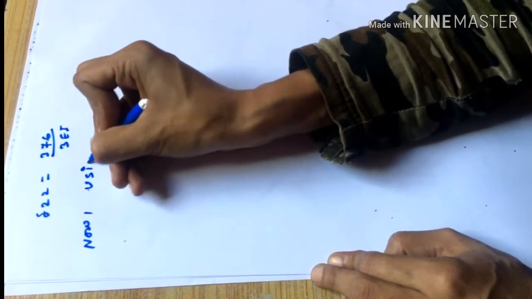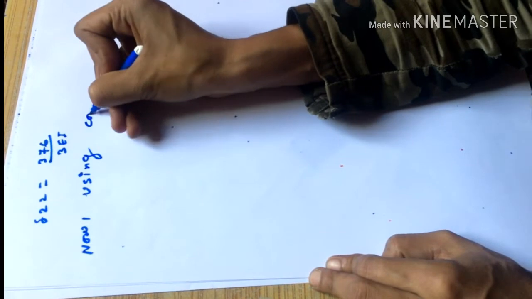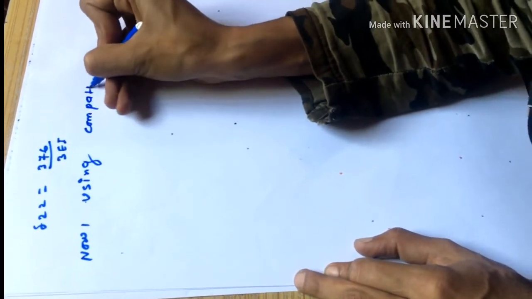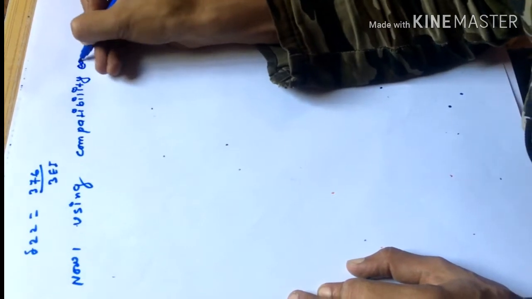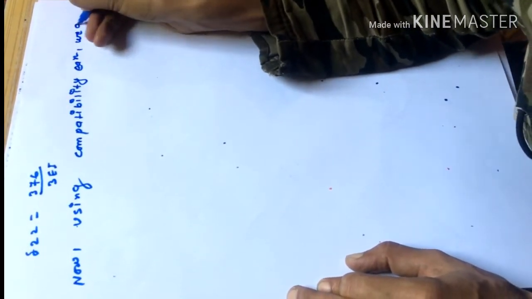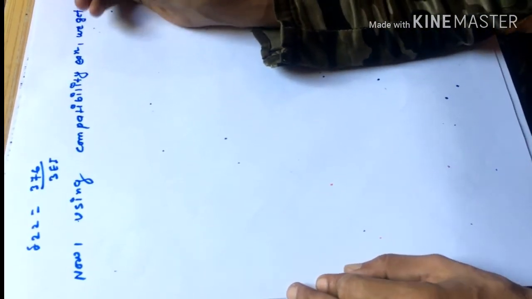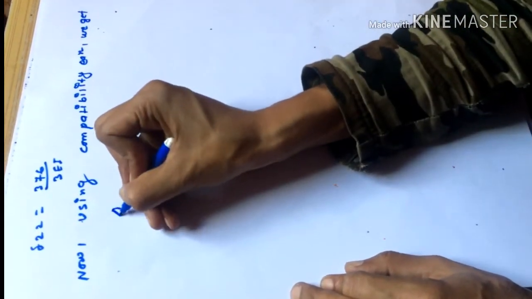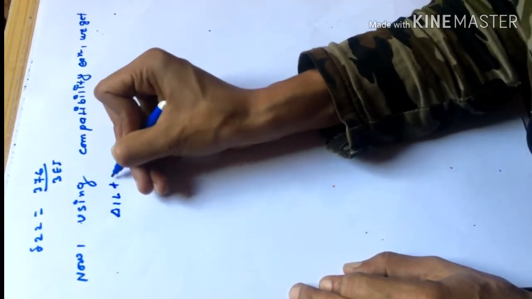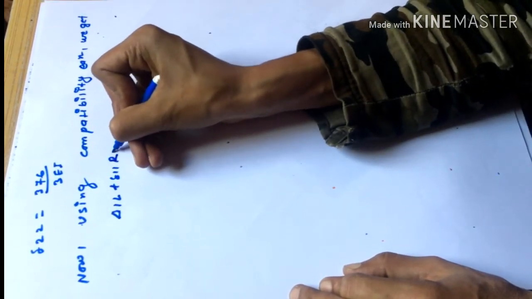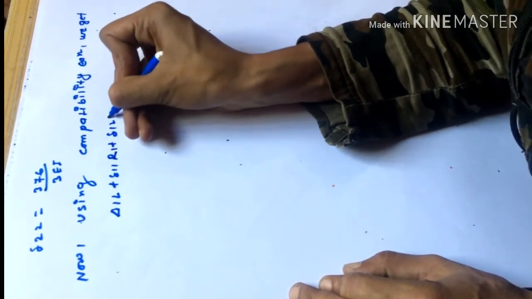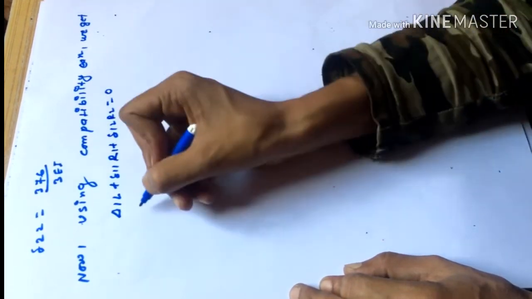we get. Now let us use the compatibility equation. So write the compatibility, that is del 1L plus del 11 r1 plus del 12 r2 is equal to 0.